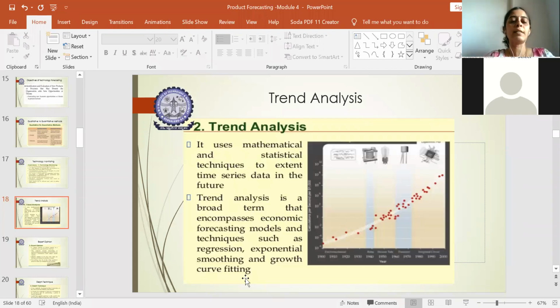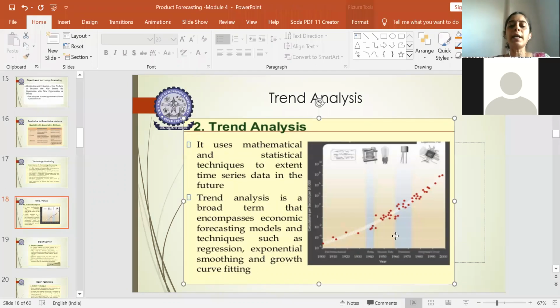Based on the analysis, you have to select the forecasting model. The available models are regression models, exponential models, smoothing models, and growth curve fitting models. Based on that, you will curve fit and get the required graph, and you show the trend analysis, how the trend has been going on for the existing products.